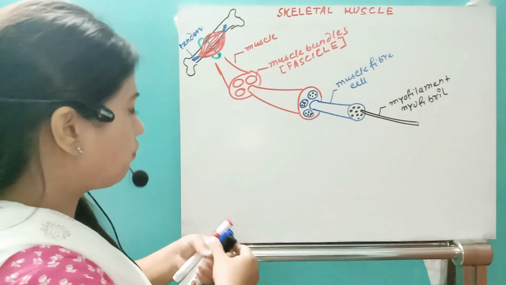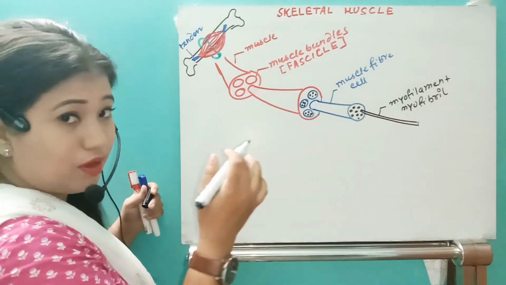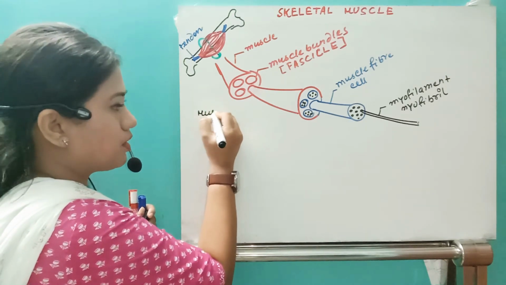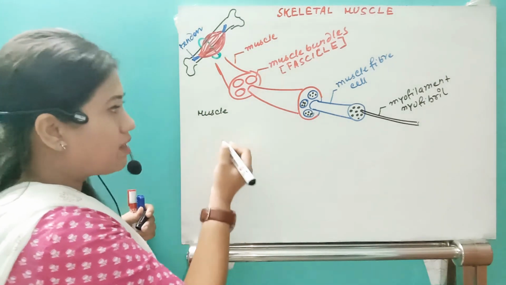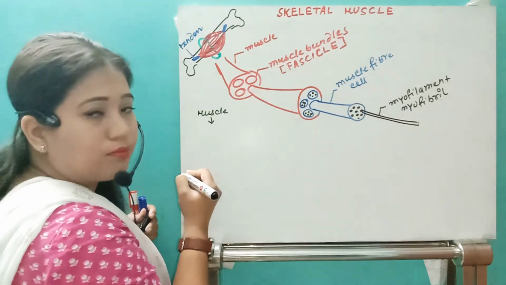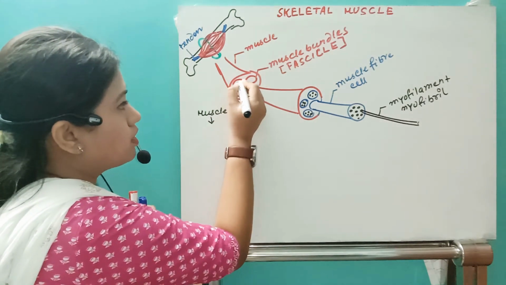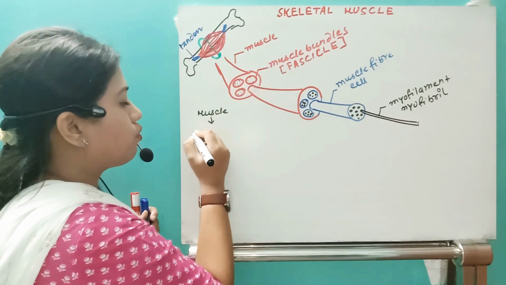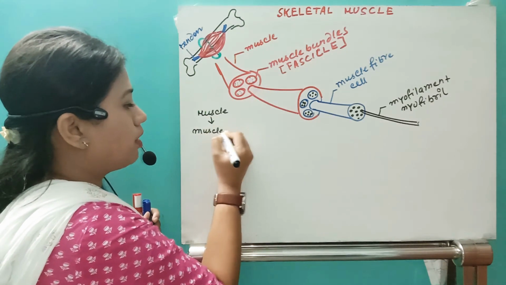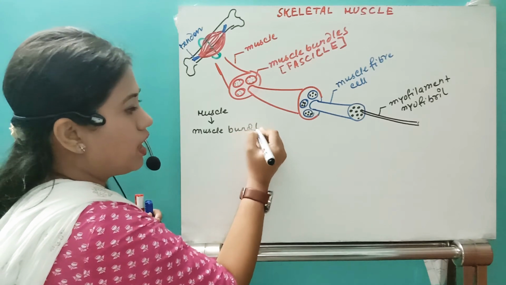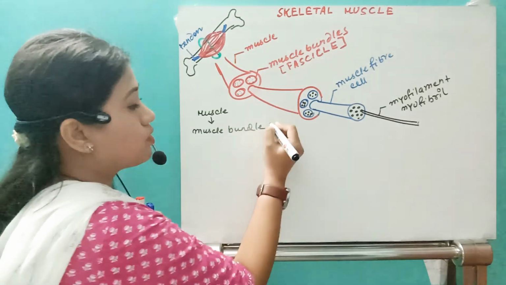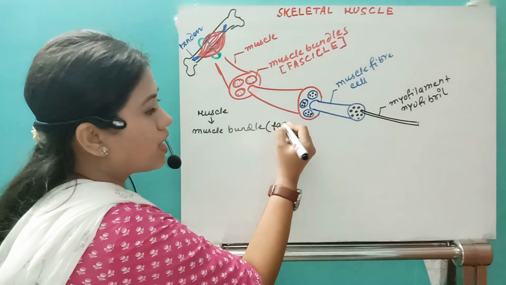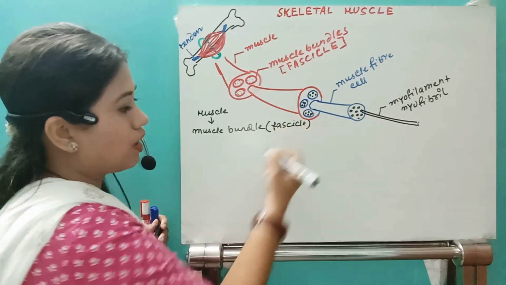First of all, how you have to remember it: this is the muscle. In that muscle we have smaller bundles. What can we call these bundles? They are known as muscle bundles, also known as fascicles.